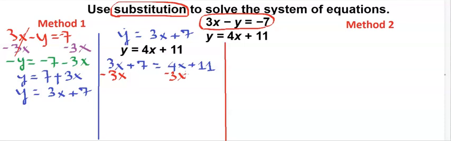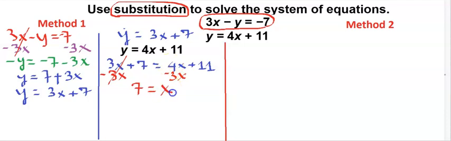All right, what's 3x minus 3x? 0. This is gone. What are you going to bring down? The 7 equals what? Okay, 4x minus 3x is 1x.